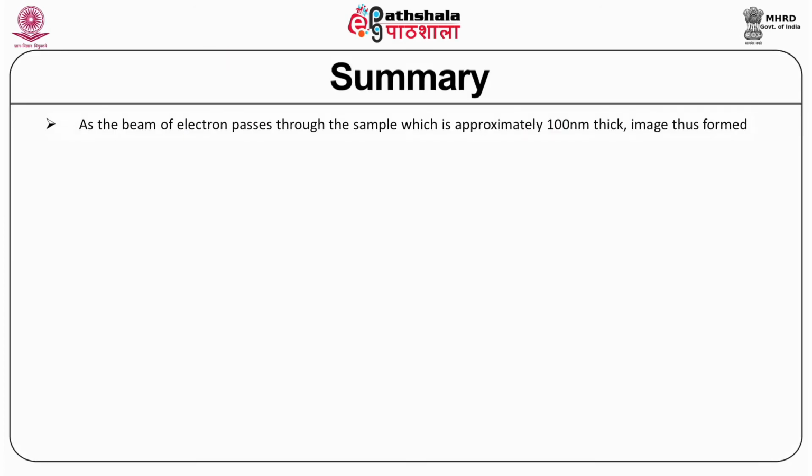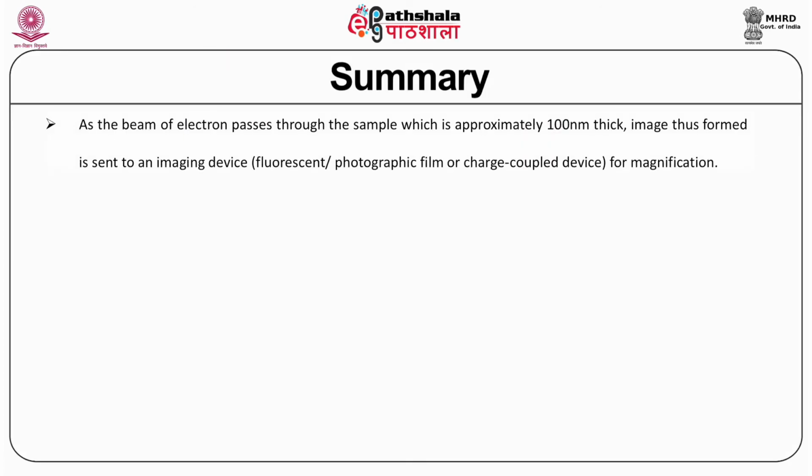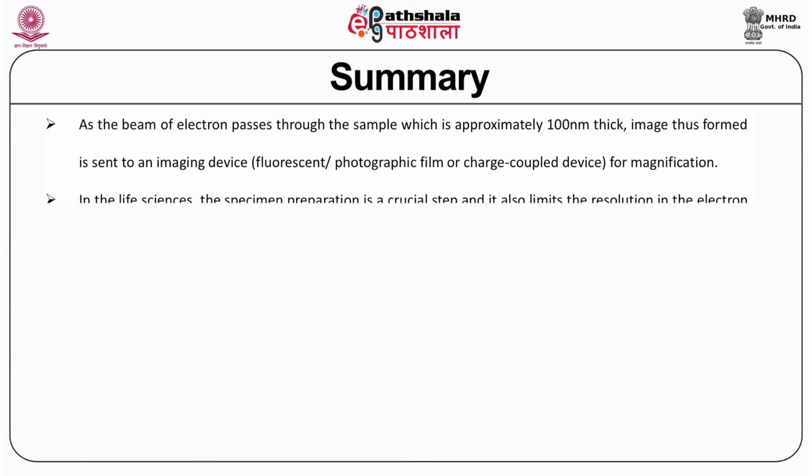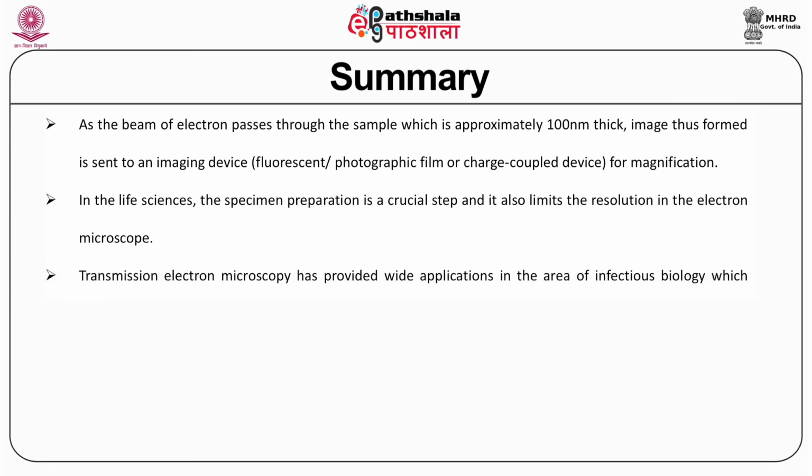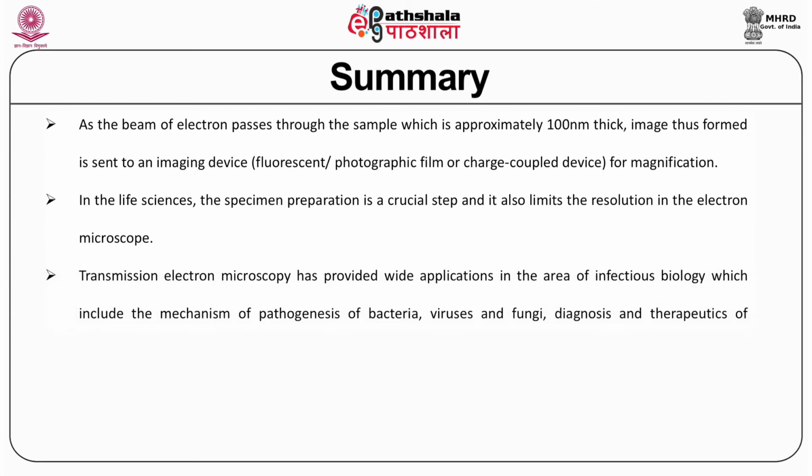As the beam of electrons passes through the sample, which is approximately 100 nanometer in thickness, the image thus formed is sent to an imaging device. It could be photographic film, or a CCD camera or something like that.